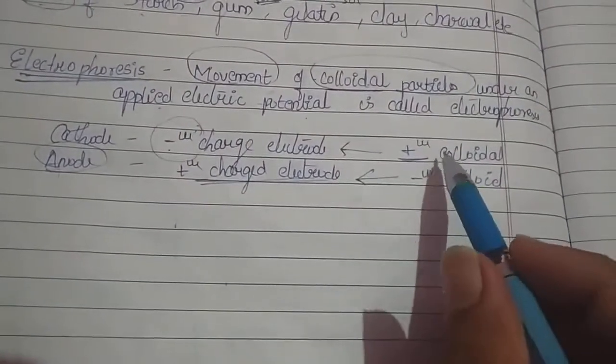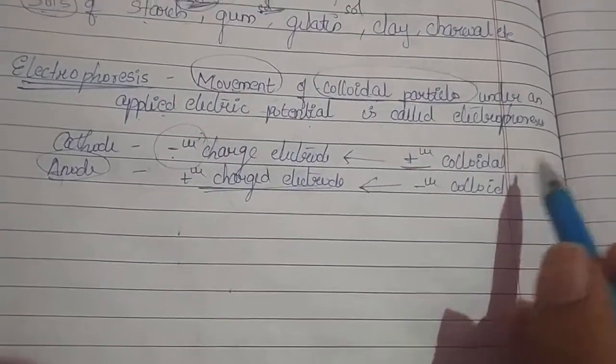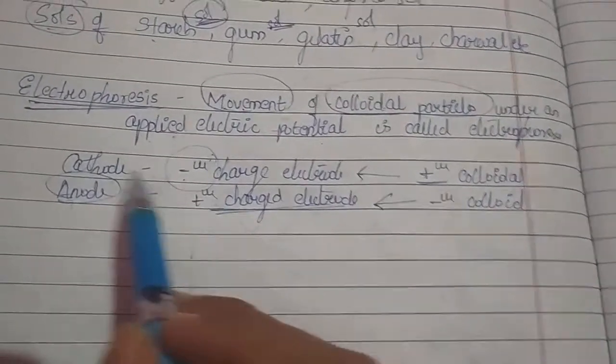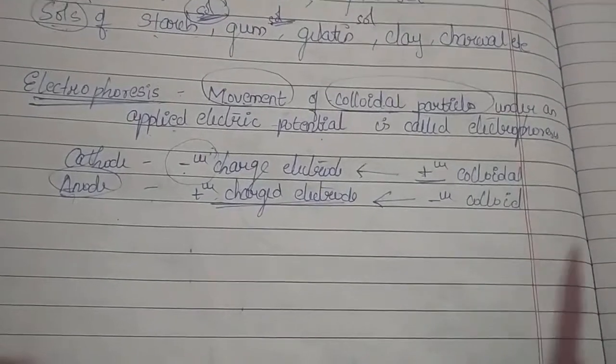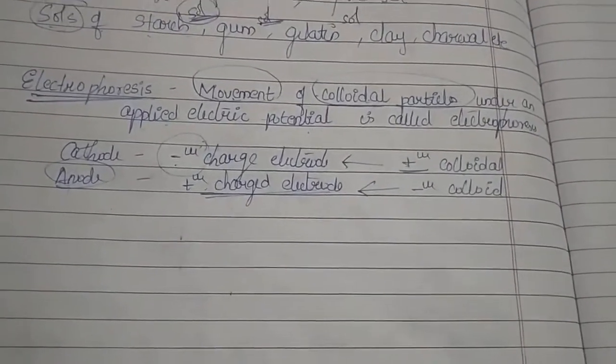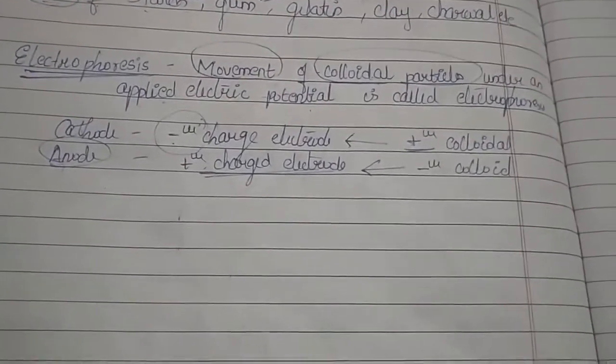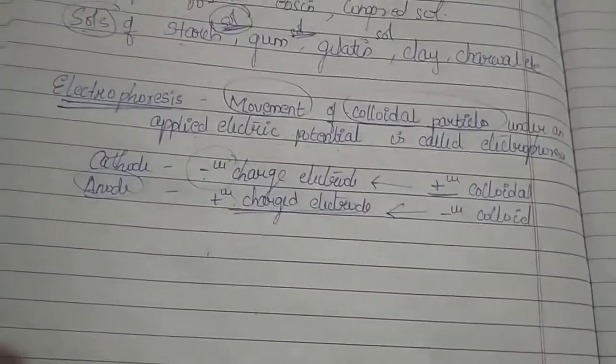So depending upon the migration of the colloidal particles and which electrode they accumulate at, we will be able to say experimentally what type of charge the colloidal particles have. Now let us see how we will do it.